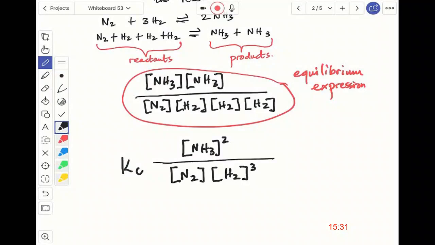So if I've set up a chemical system to produce ammonia, ammonia being my product, the thing my company manufactures as a chemical engineer to make money and to pay workers and so on, I want to have a high value. I want to have more products than I have reactants. Right? So a good chemical engineer would want a high Kc value.